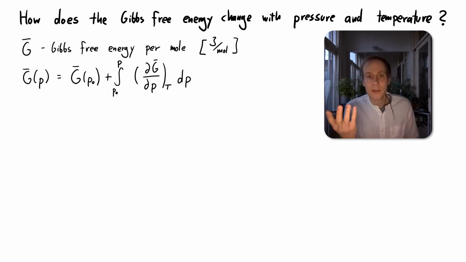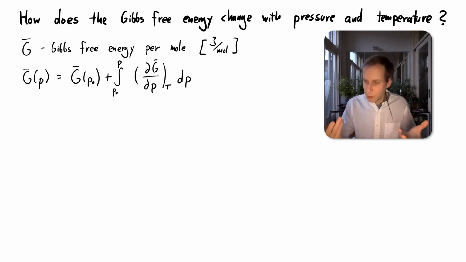the Gibbs free energy does not only depend on the pressure, it also depends on the temperature. But now here we want to look at how the Gibbs free energy changes only with the pressure, and that's why we use the partial derivative, and then we say that the other variable the Gibbs free energy depends on, the temperature, is constant. So you can actually see what the integral is doing here.